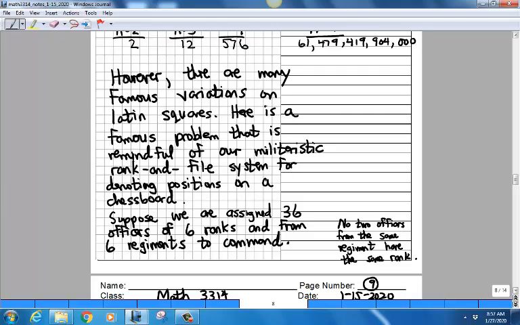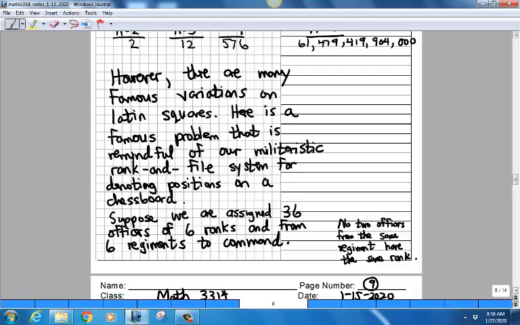So Euler really just wanted to know, is that even possible? Can one build such an array? You have enough officers to create the array, because you've got 36 officers, and a 6x6 array has 36 positions.